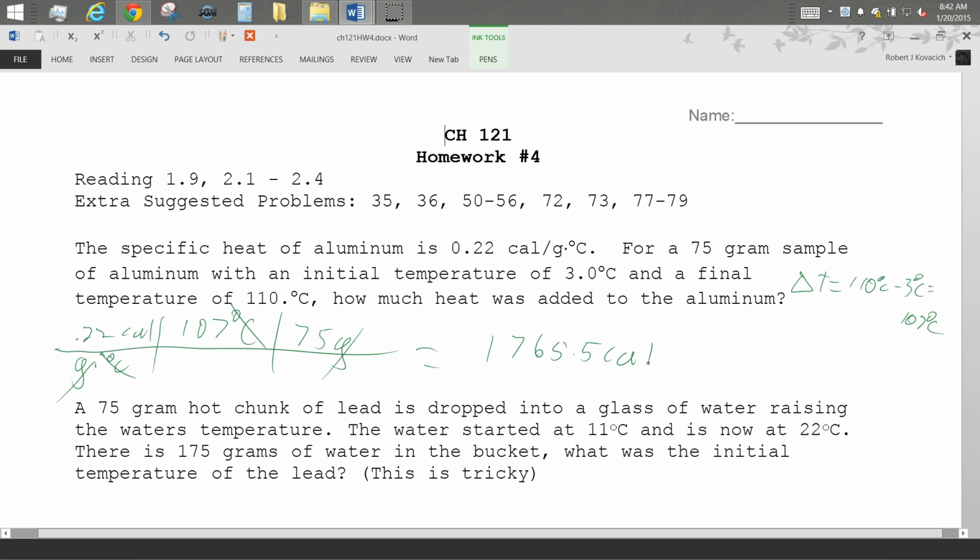Are we okay with 1,800? Why 1,800? 2 sig figs, 2 sig figs, 2 sig figs, 3 sig figs. So I can only put 1,800 down. I can either write 1,800 calories or 1.8 times 10 to the third. Either one of those will be fine.